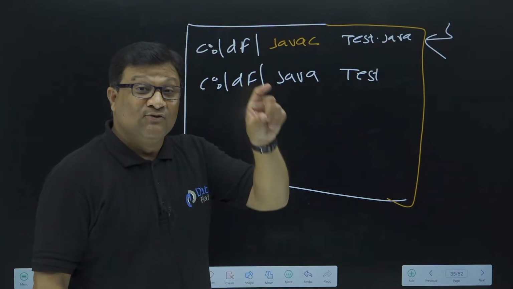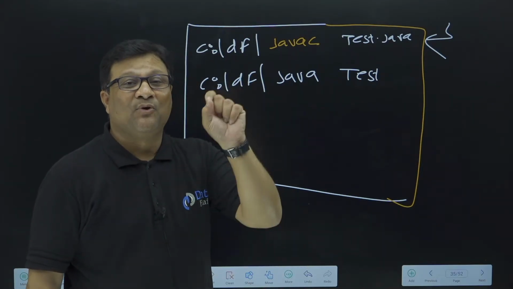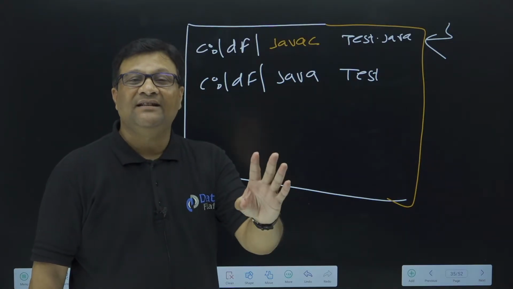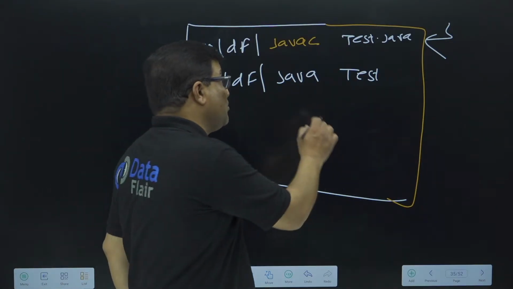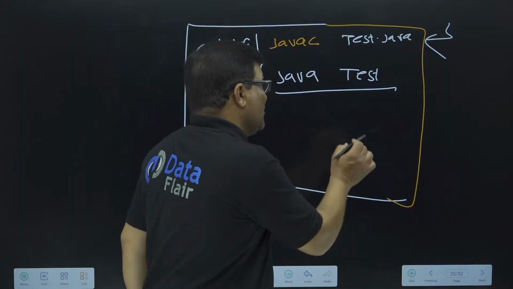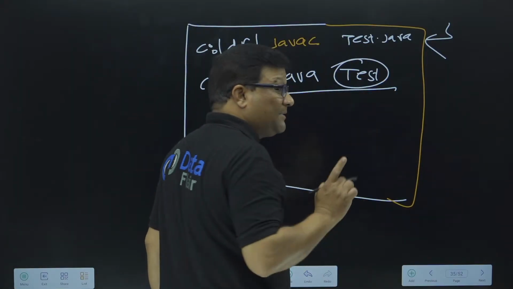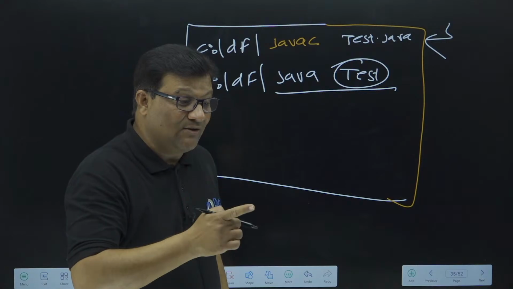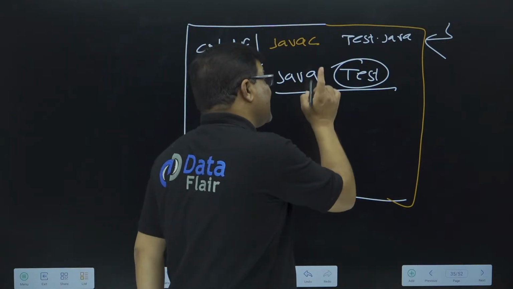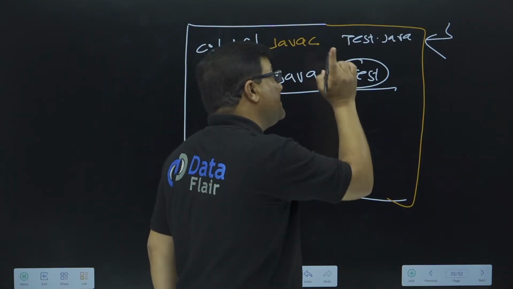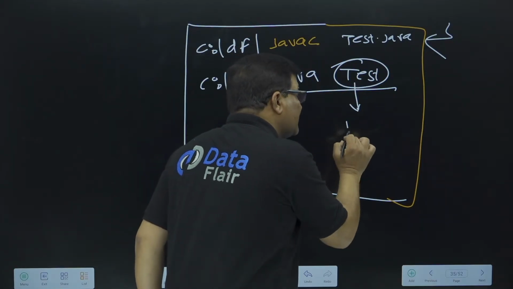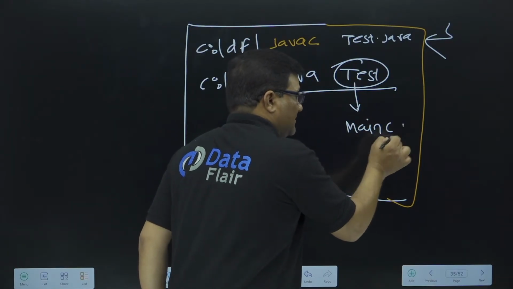Java test. This time your program will show an error. Definitely there is an error in your code, because once you run this program, you specified the file name test. Now the task of the JVM is to search for the main method inside this test.